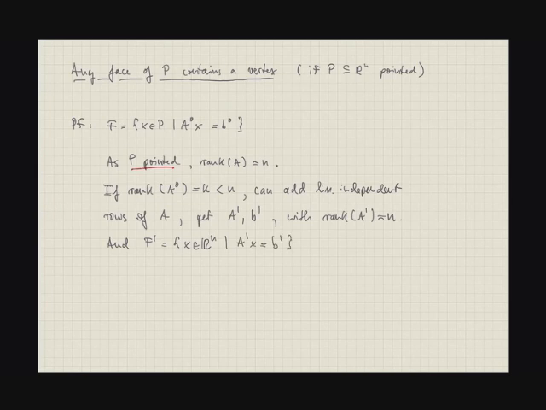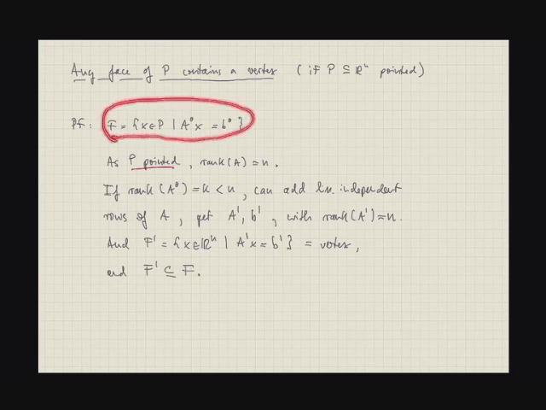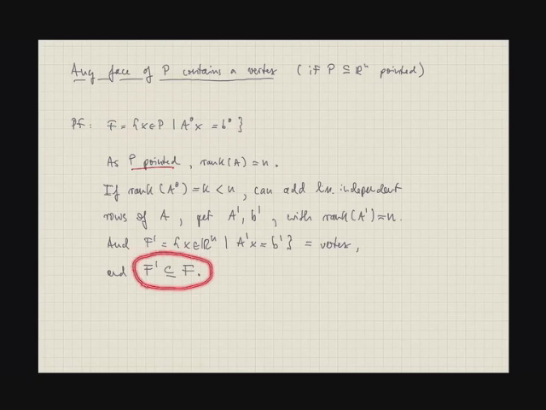Because this is a system of rank n, this will be a vertex, and by definition this F prime is a subset of F. So indeed our arbitrary face of the polyhedron contains a subface F prime, which is actually a vertex, so it contains a vertex, and that's exactly what we wanted to prove.